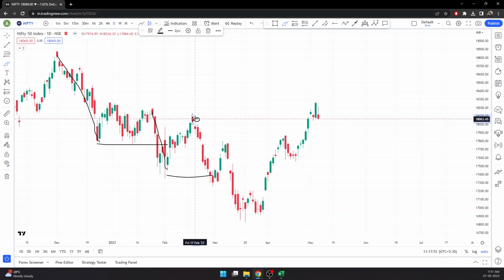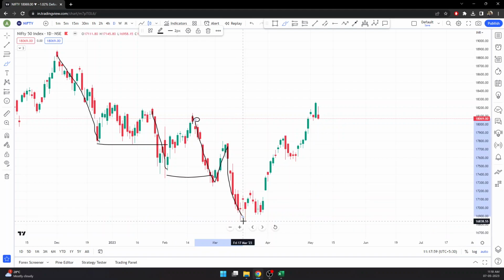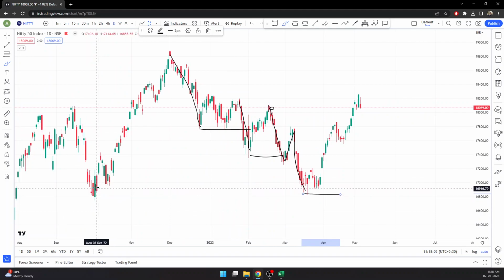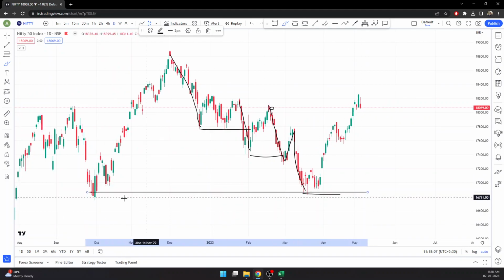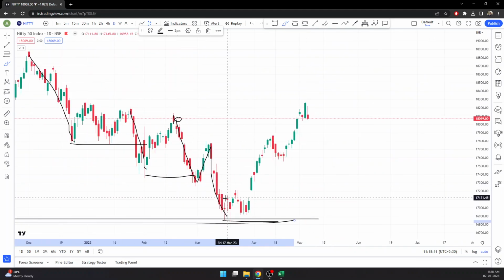From here it has started the journey. From here it broke again, made a lower high, and then made a lower low, right? This is the low that it has made, and it has sustained the earlier lows, so we can say it is still in the uptrend, right?